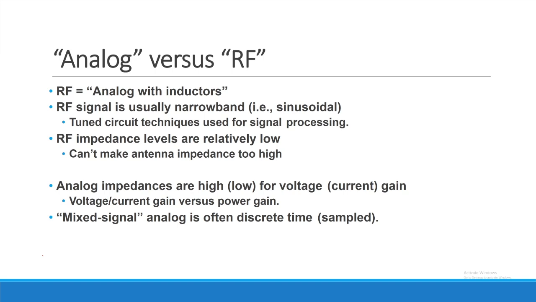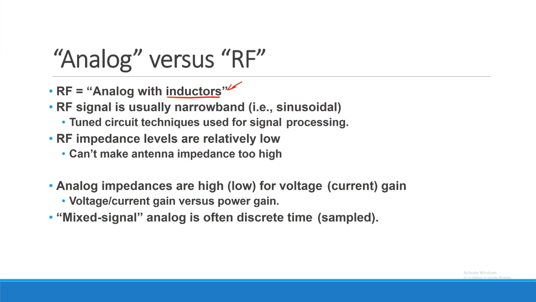They may be at a pretty high frequency, but the bandwidth around that frequency generally isn't that large. Okay? So because of that, you tend to use these so-called tuned circuit techniques. And by tuned circuits, that usually means some sort of LC resonant type of behavior. And so that's what I mean by analog with inductors.